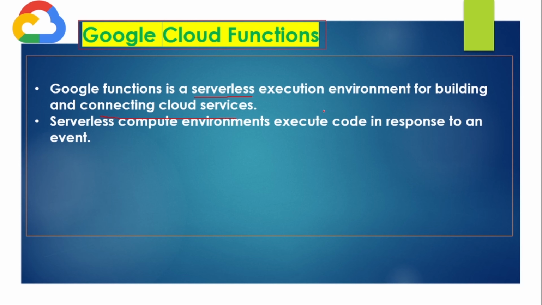So what happens is that you write a piece of code, a kind of function you can say, and this function is triggered based on an event. So you have written your 10 lines of code here, and you package this as a jar, and you go to the Google Cloud Platform, open Cloud Functions, and upload your jar file.